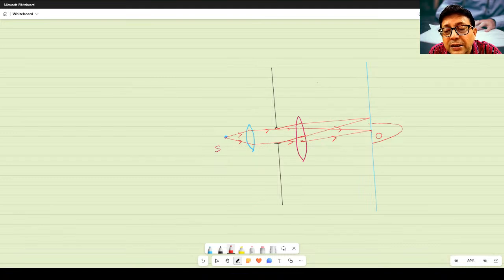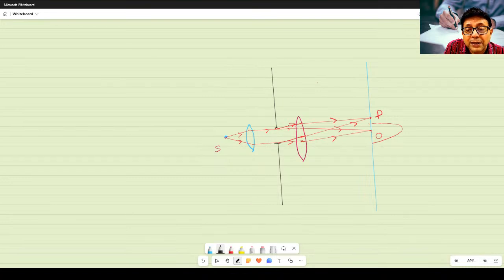This light going and meeting at this point. Clear? We get another maxima over there. Maxima are being formed.